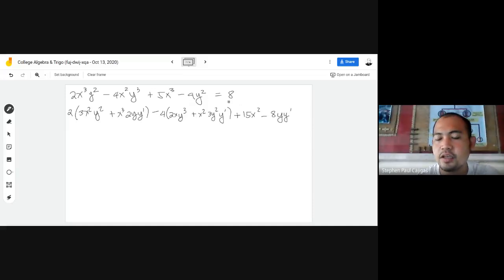Kay y itaton gain ko paano derivative. Equals 8, derivative it 8 is 0.